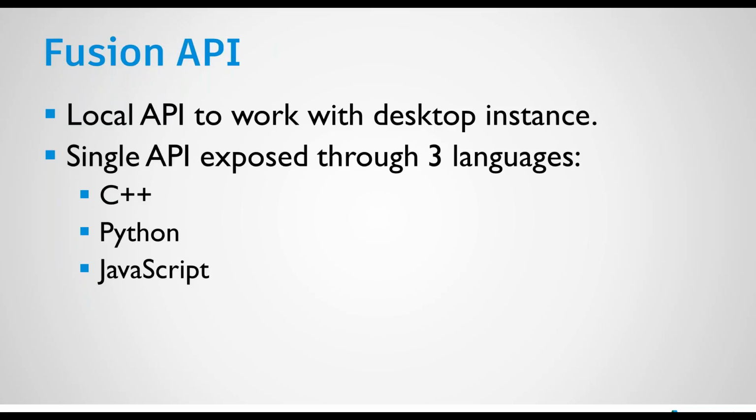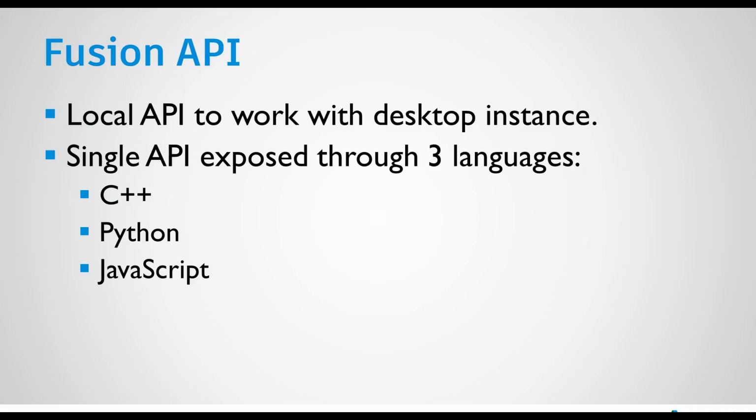There's a single API. When I design the API, I actually design it in an IDL, or interface definition language. Then we have a tool that reads that API definition and creates the stubs function by the Fusion core, and then a developer goes in and actually adds the code to make those work. That's all done in C++.